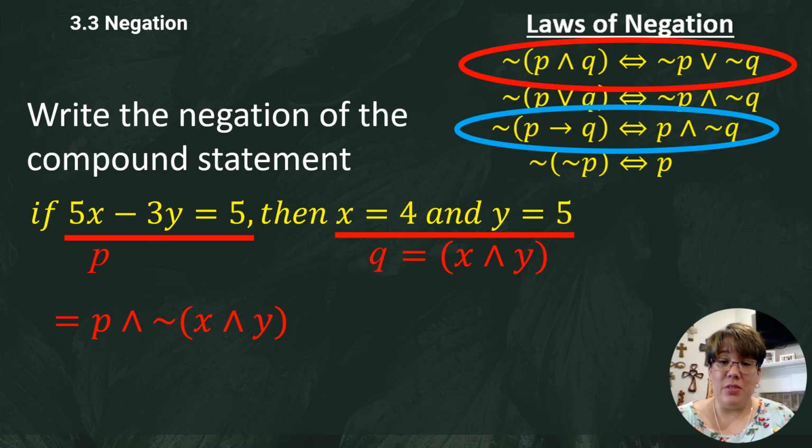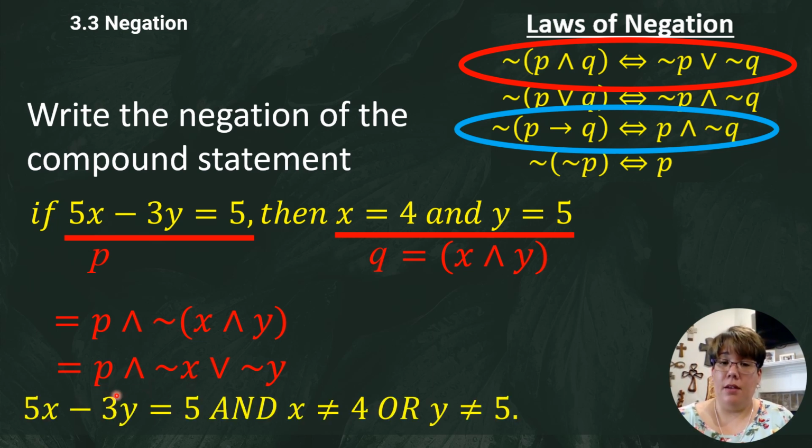That definition tells me that not x and y is the same thing as not x or not y. So I can rewrite this part as not x or not y. Really this whole thing is P and not x or not y.